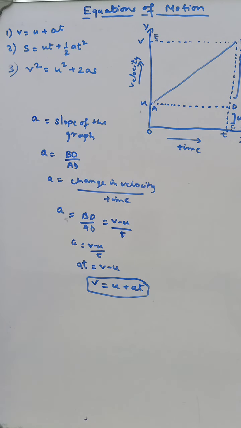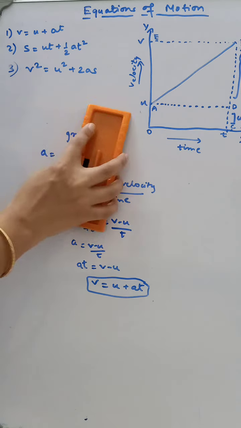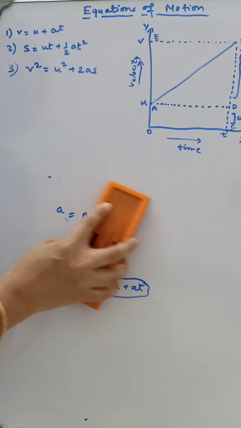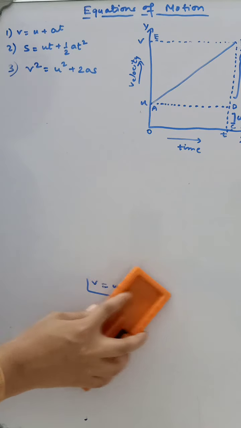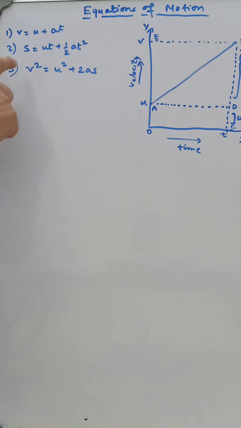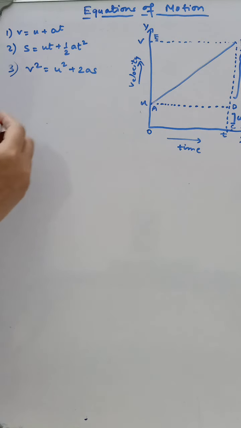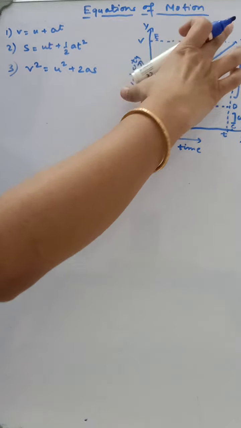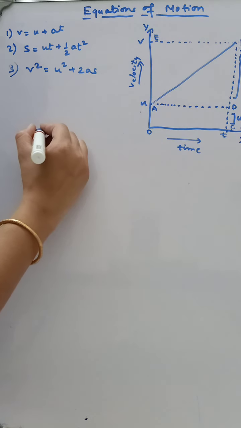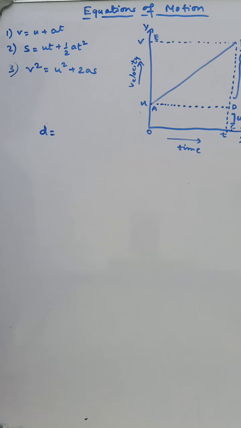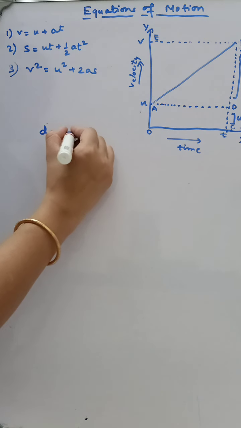Let us derive the second equation of motion, that is s = ut + 1/2 at². Here, s is the distance travelled, u is initial velocity, t is time and a is acceleration. From the velocity-time graph, we can find the distance by finding the area of the graph.